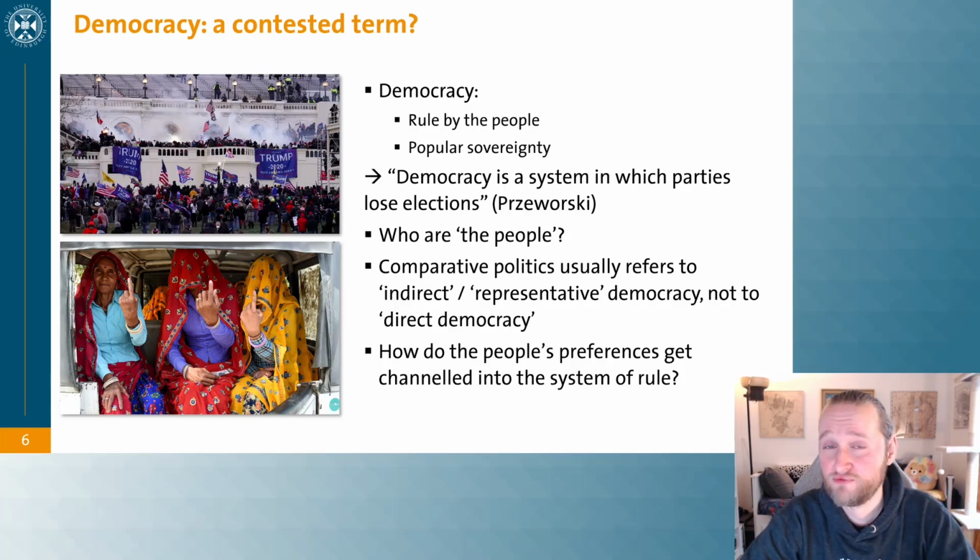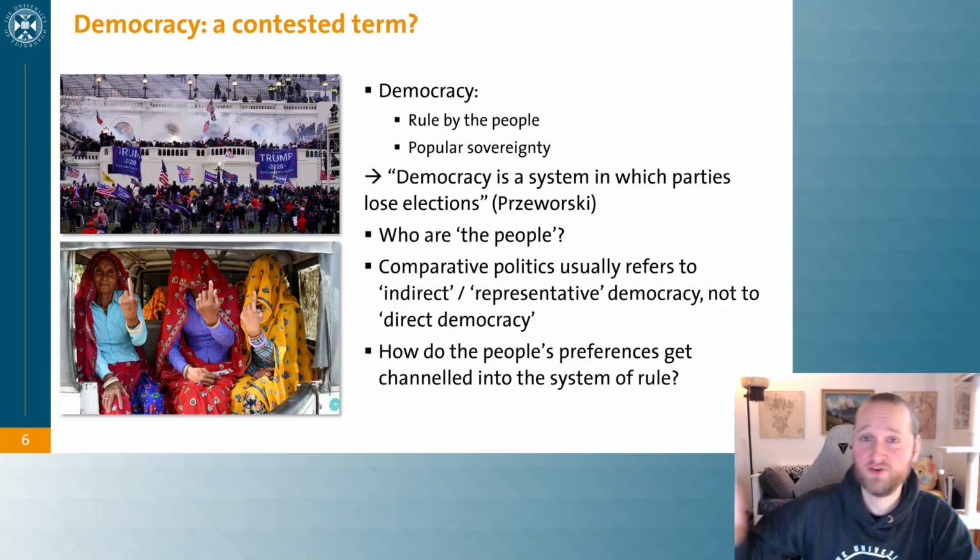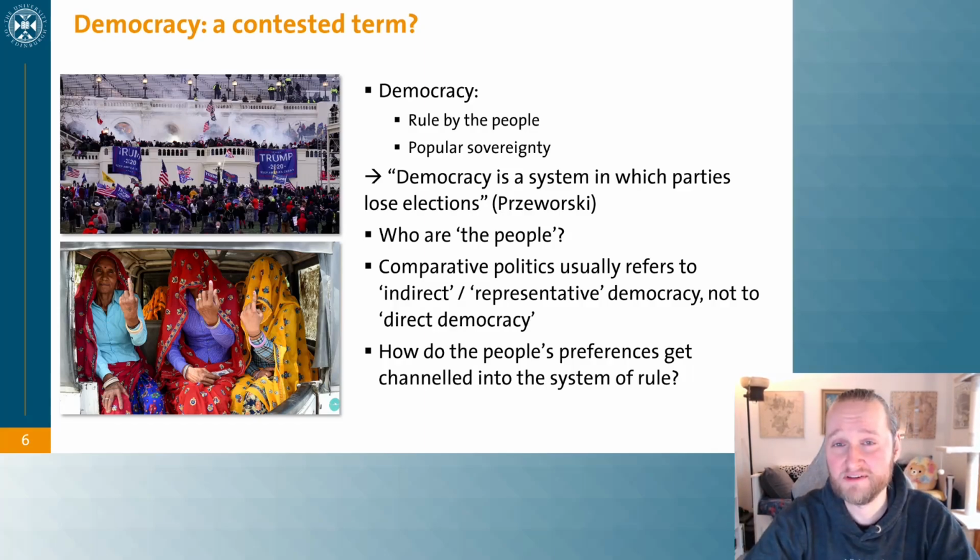So calling it rule by the people is only one step, unless you're willing to install a terminal at everyone's house where every day you ask them, these are the political decisions of the day, please click yes or no. So if you don't want to do that, if there has to be some way of translating this into a representative system, then you have to come up with a good way of doing that.